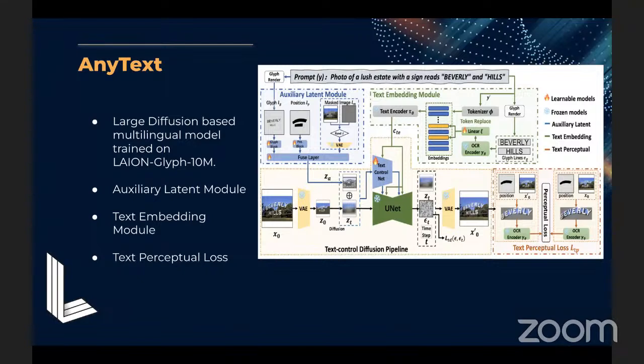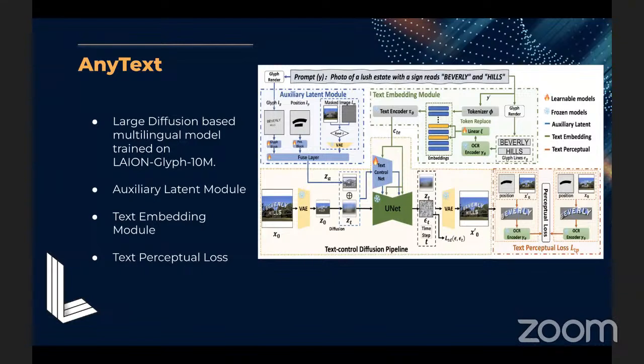In the text embedding module, all text that is in a single line or in quotations is a separate image, whereas in the auxiliary latent module, all text is created on a single image. This gives the text embedding module the ability to identify the features of each image to, in a sense, translate what it's saying. So as that's fed into the embeddings and replaces what was currently standing, they're both fed into the text encoder.